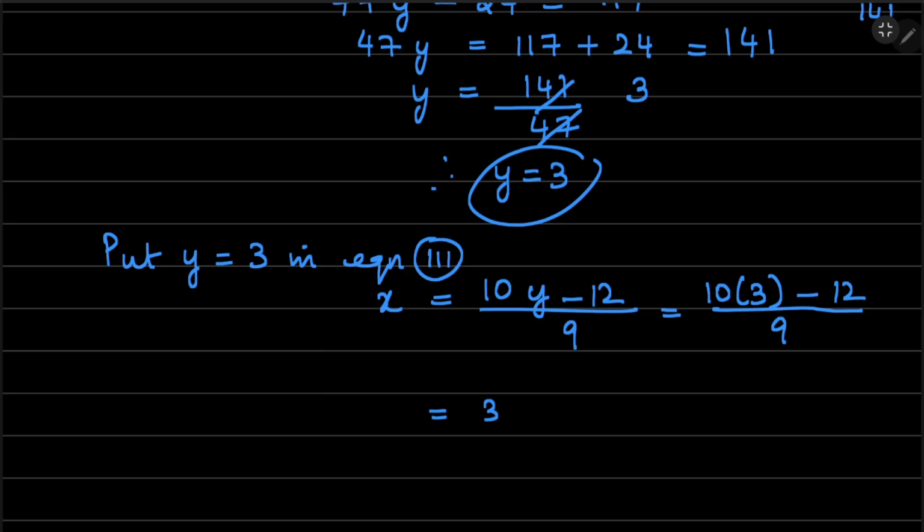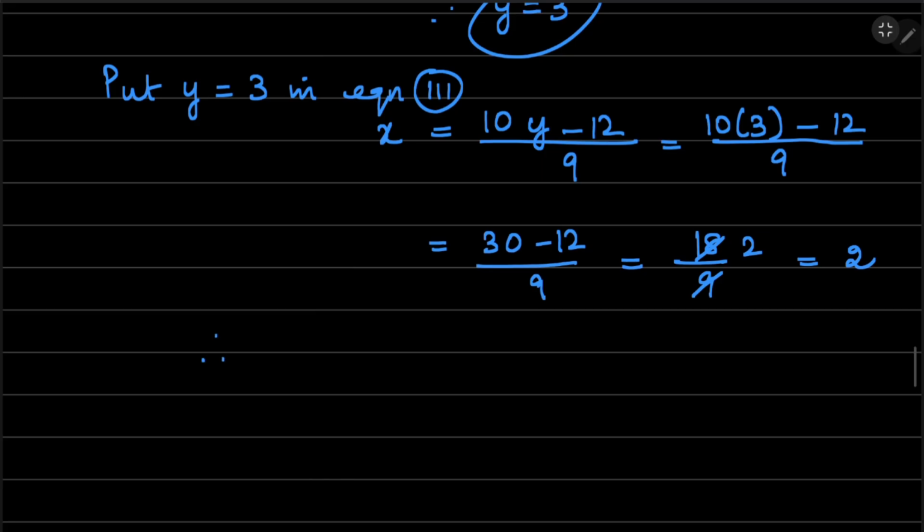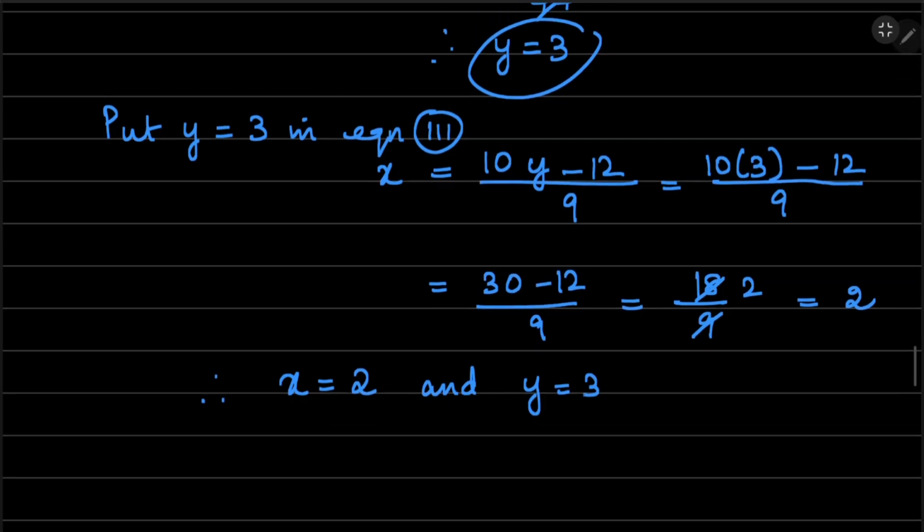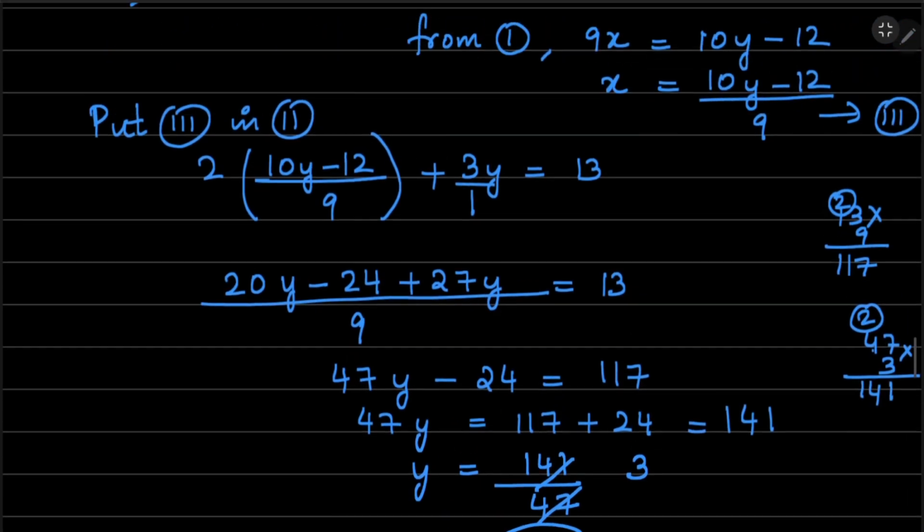So what is it? 30 minus 12 by 9. What is 30 minus 12? It is 18. 18 by 9. 9 2s are 18. So therefore, you can finally write x is equal to 2 and y is equal to 3 is the solution of this particular pair of linear equations.